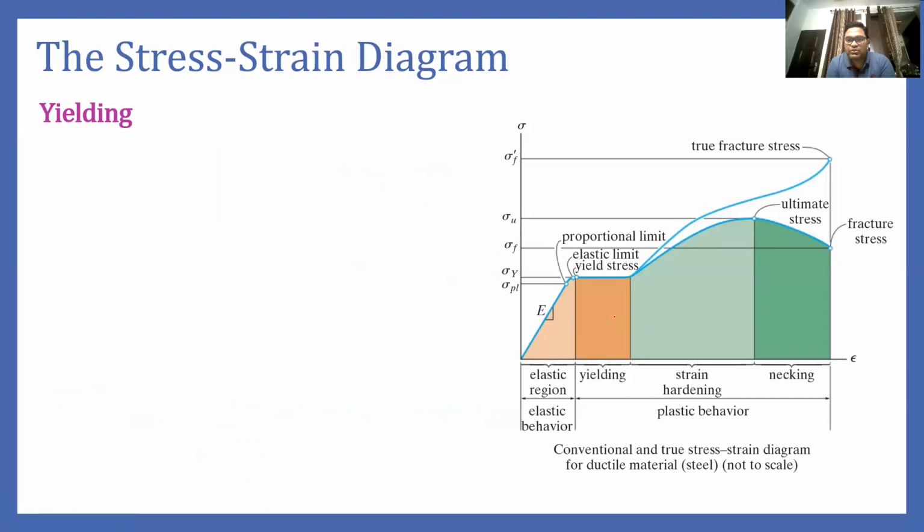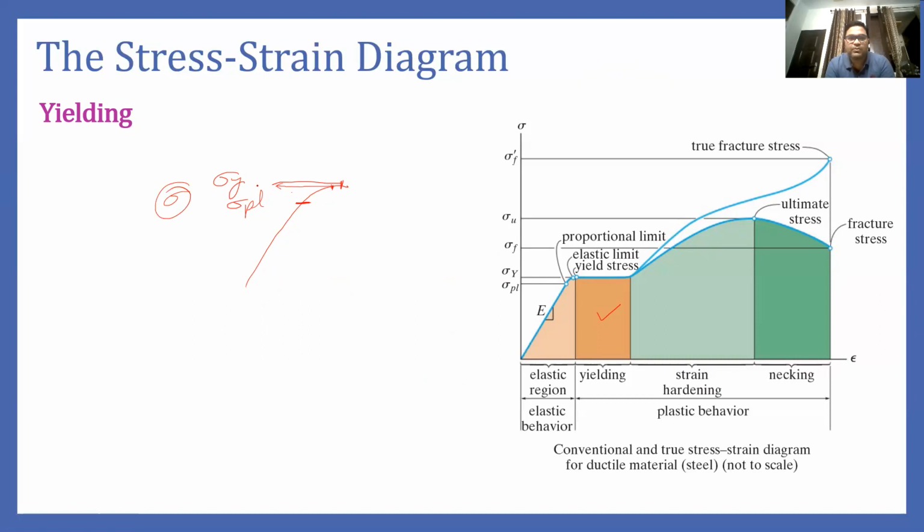The yielding is shown here by the dark orange region. The whole region represents the yielding. Yielding means, as we apply load up to the elastic region, say this is the curve, this represents the sigma PL and this point represents the sigma Y. Before sigma Y, say if we are standing here, the stress corresponding to this I am naming as sigma.